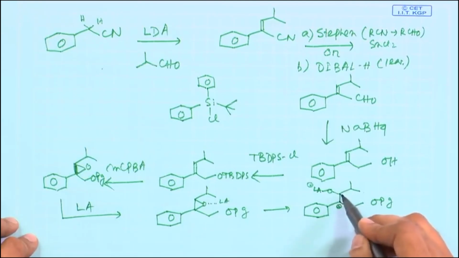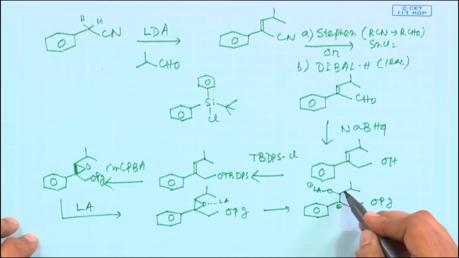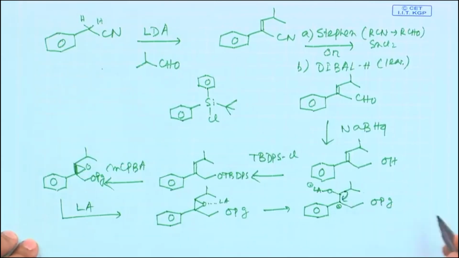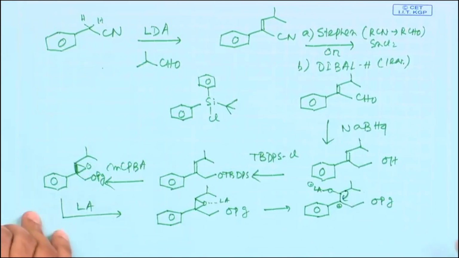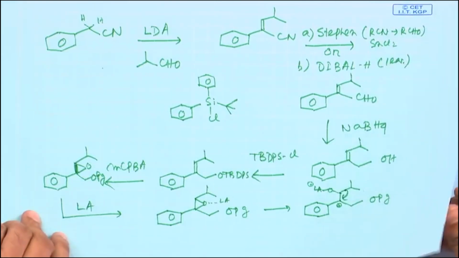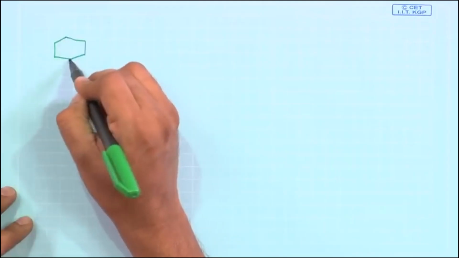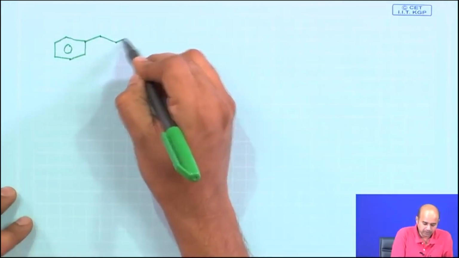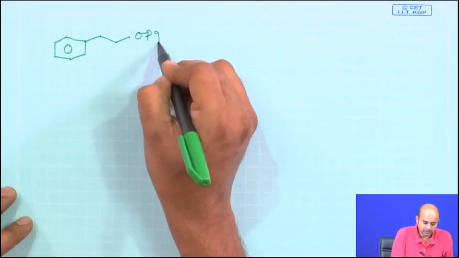Now, out of this there is a hydrogen, there is isopropyl. Isopropyl group is secondary, it will basically migrate. Isopropyl group will migrate here, and then you will basically get the all carbon quaternary center.